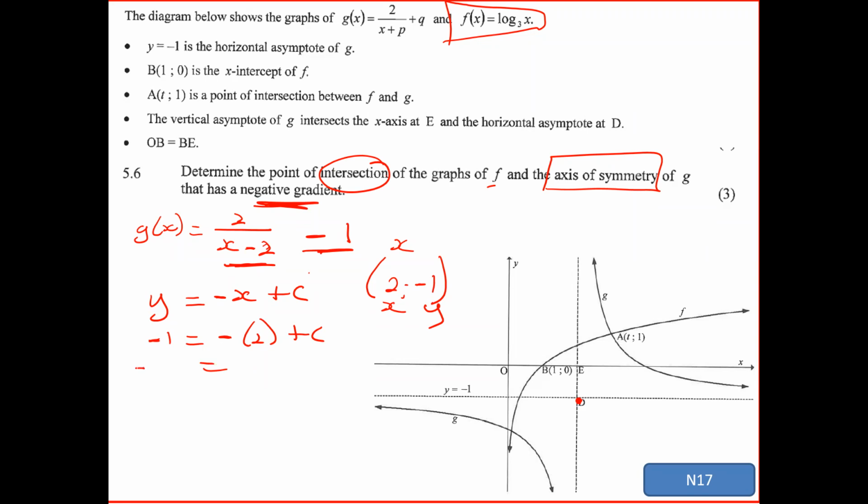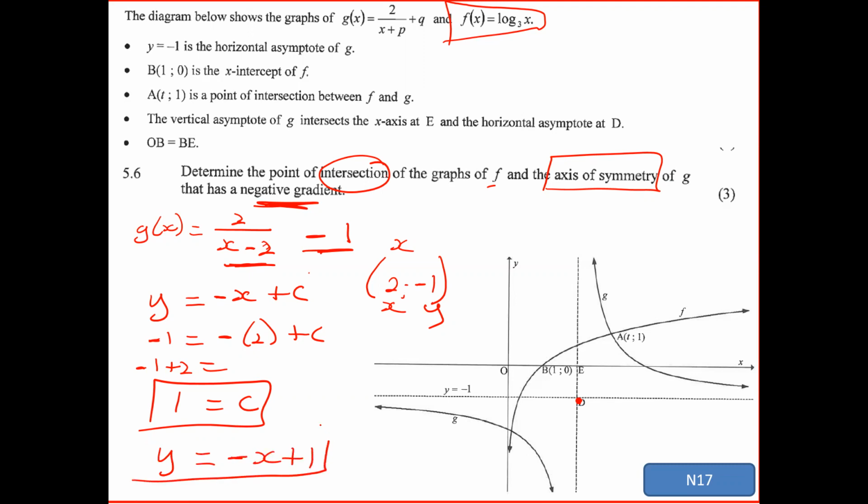Minus 2 goes on that side, becomes a plus 2, and we end up with c to be 1. Are you happy with that? Yes, sir. Okay. Basically, your equation here is y is equal to minus x plus 1.